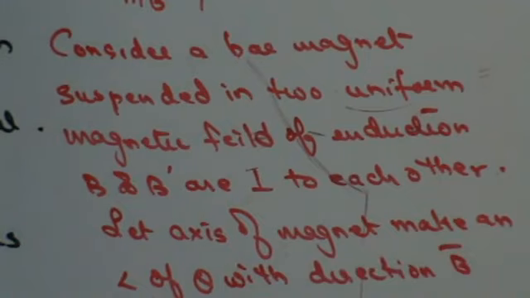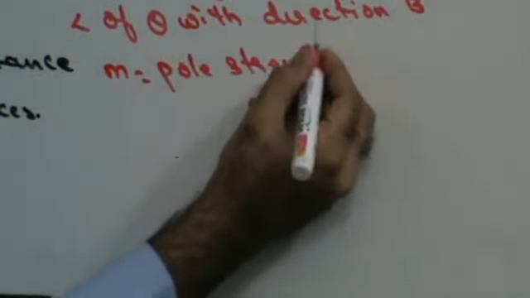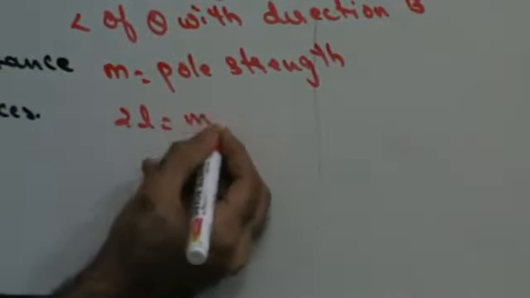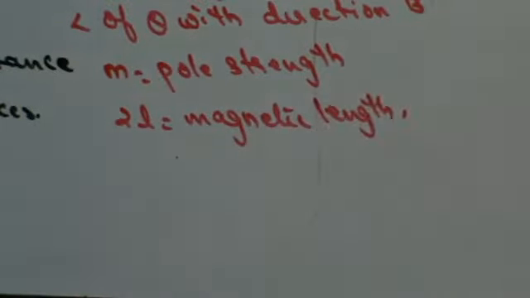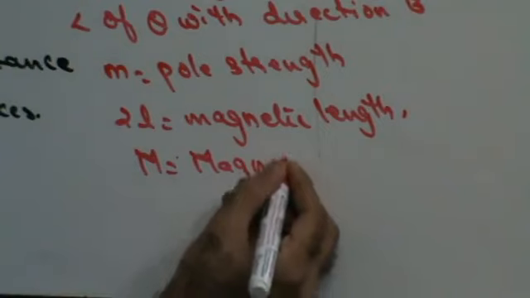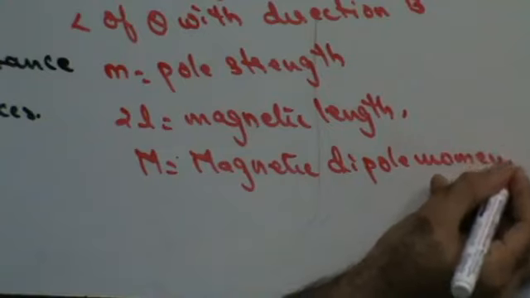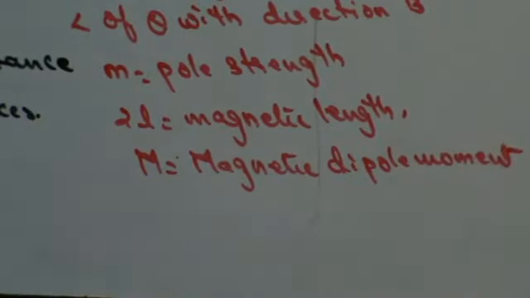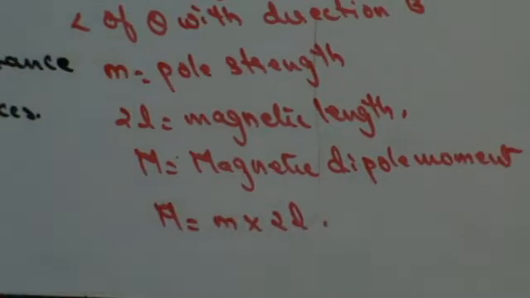Let's assume that M is the pole strength, 2L is the magnetic length, and M is the magnetic dipole moment. In which case I can say that the magnetic dipole moment is M into 2L. Let's leave that there.